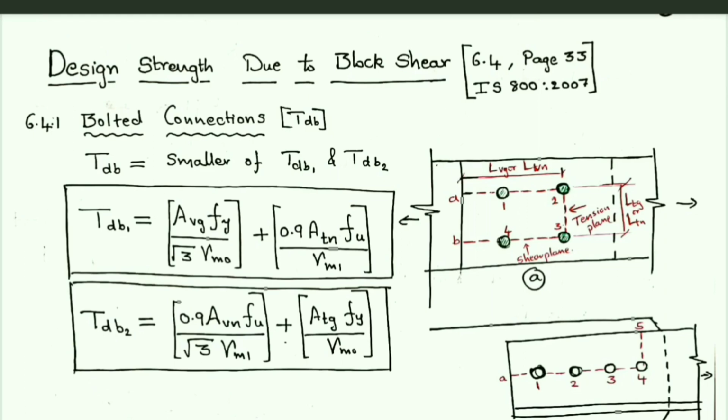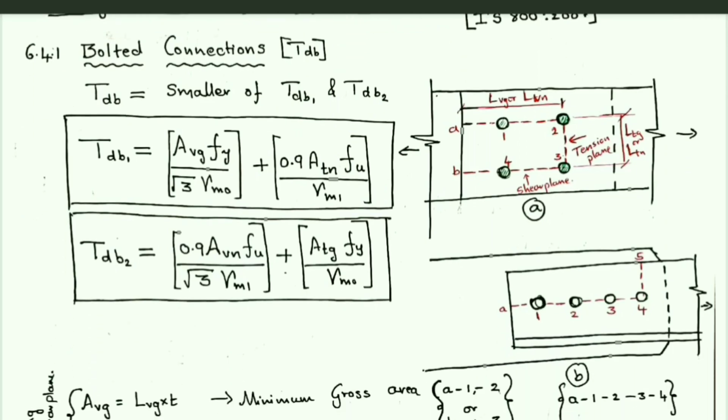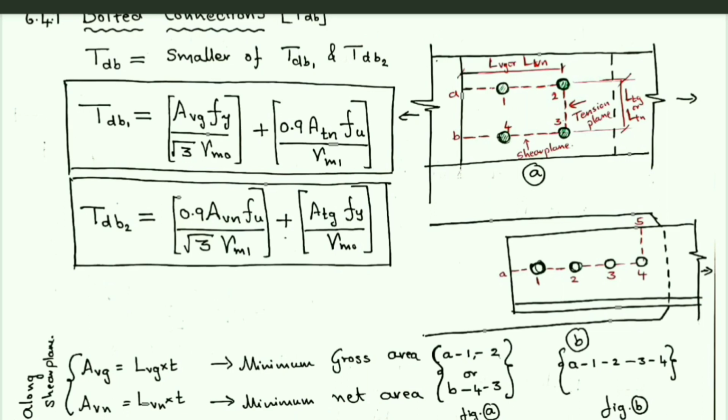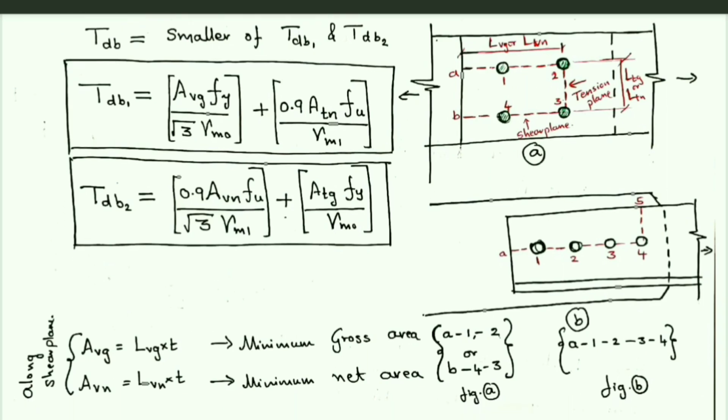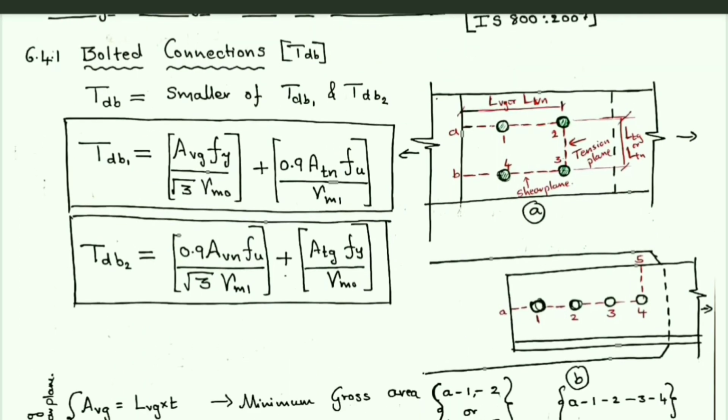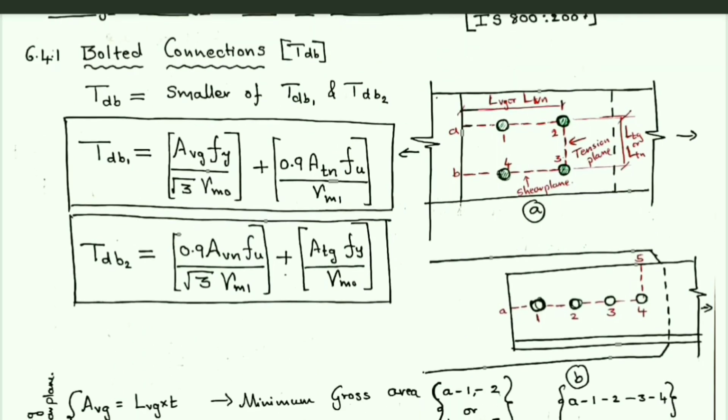Okay, here Fy, Fu, gamma m0, gamma m1 we will anyhow be knowing, but here we have AVG, ATN, AVN and ATG. Before seeing that, let us see what AV and AT are. AV means area along the shear plane.